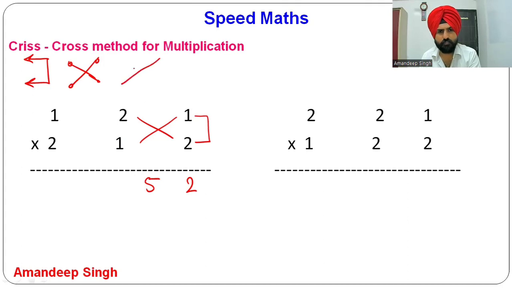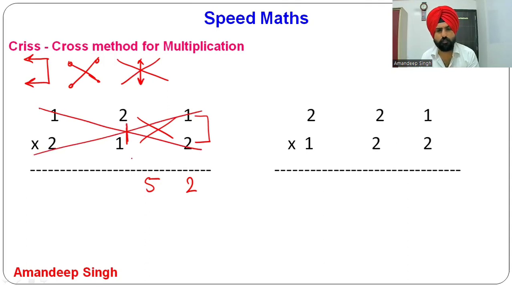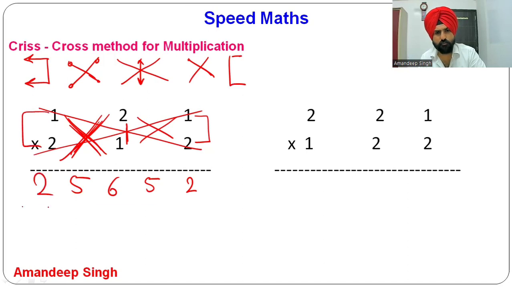Then we have multiplication of 3 digits, extremes and the middle one. So if you multiply extreme, 2 ones are 2, 2 ones are 2, and 2 ones are 2. So 2 plus 2 plus 2, it's 6. Then left side multiplication of left 2. So 2 twos are 4, 4 plus 1 is again 5, and then the closing. This gives me 2. So my answer is 2 5 6 5 2.